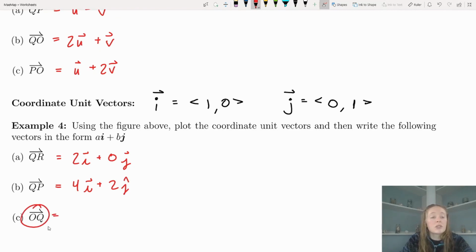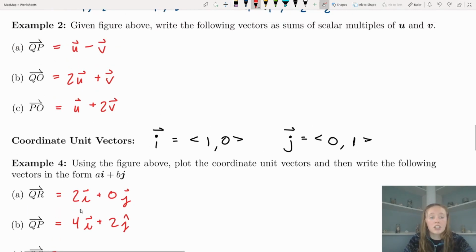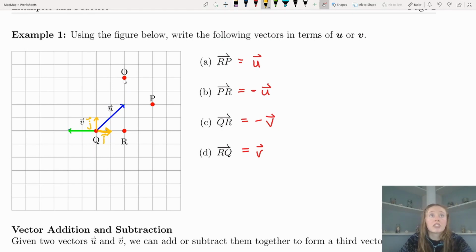Lastly, we're going to do vector OQ. Starting our vector tail O to head Q. So that would be minus 2i, so taking i and multiplying it by a negative 2, and then 1, 2, 3, 4, taking j and multiplying it by a negative 4.